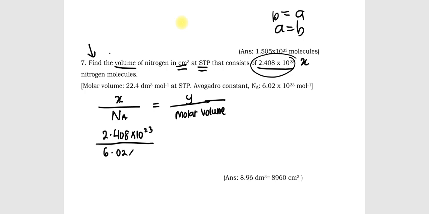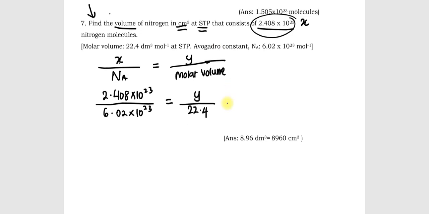Avogadro constant is 6.02 times 10 to the power of 23. Y is what we are looking for. And molar volume is 22.4. Now you bring 22.4 and multiply over there, multiply going up.